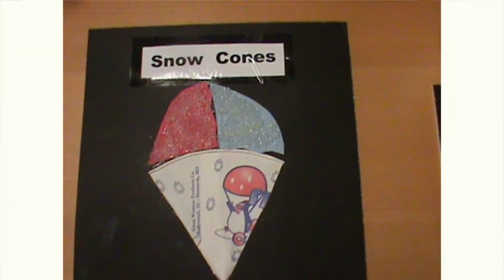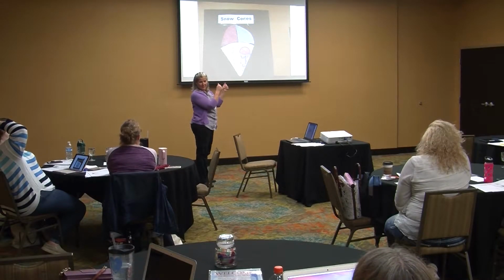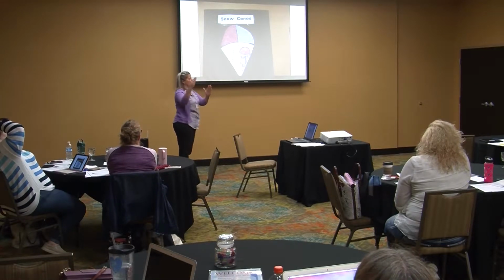So let me go back. Okay, so what we did was we used the hard cardboard kind of, mat board. Yeah, thanks. Mat board. And we cut them into the same size. And then we had the snow cone machine.